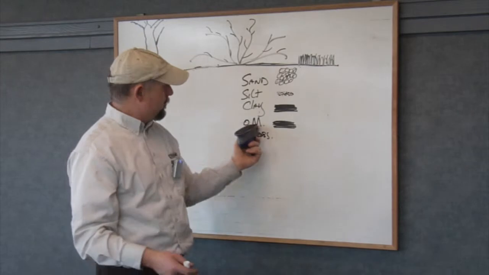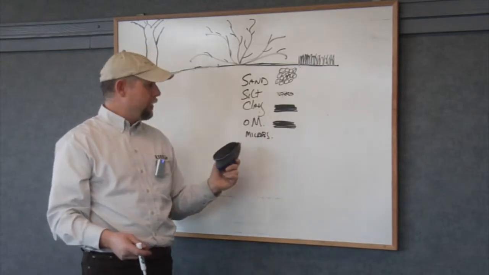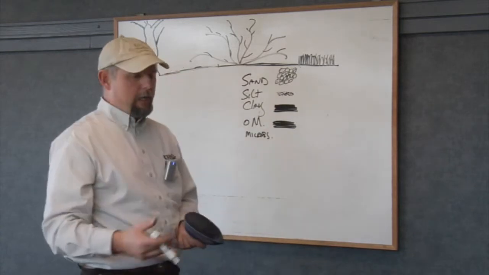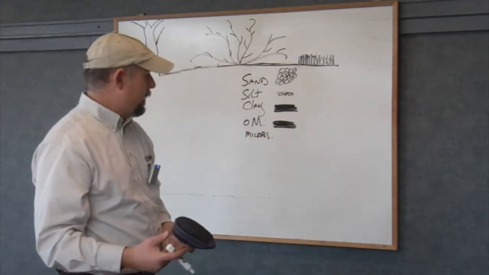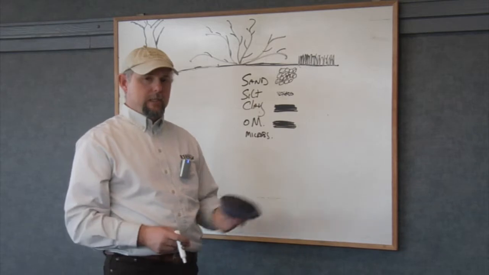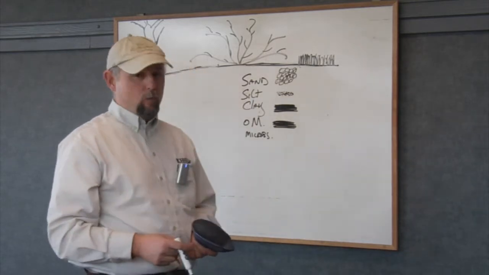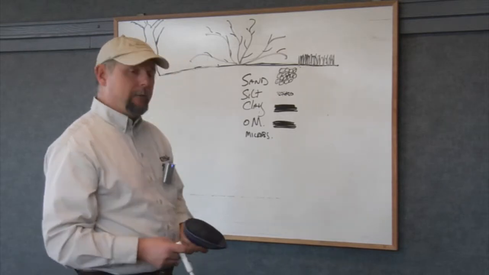And if the color of the soil tends to be a little bit darker, it indicates a higher percentage of organic matter. In dry climates and desert climates, you'll have a very low percentage of organic matter, sometimes as low as less than 1% in your soil.